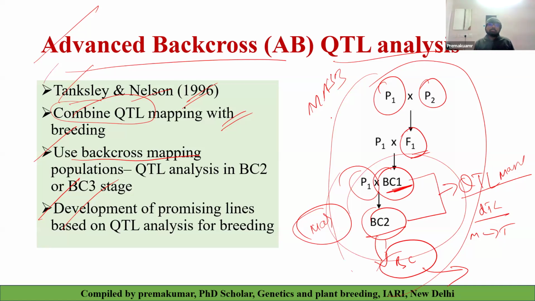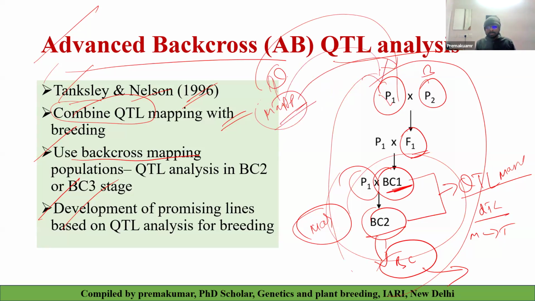This approach will conserve or save the time of developing a separate population, identifying the QTL, then validating and utilizing it in the breeding population. In conventional QTL mapping, from the mapping population to the breeding population, first you have to identify the marker in the mapping population, then use it in the breeding population.